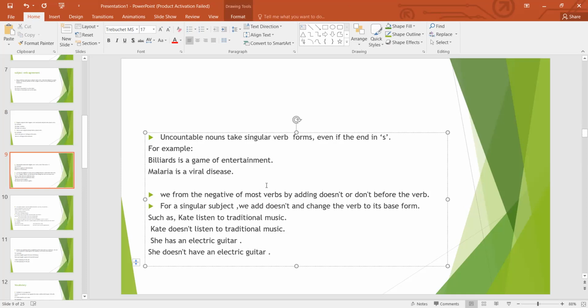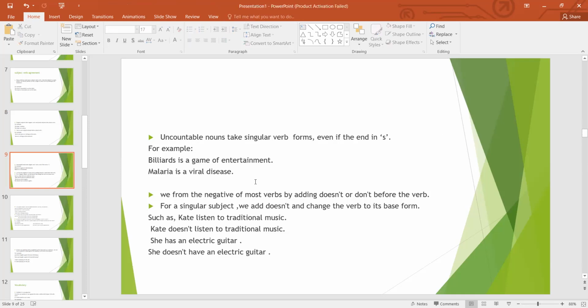Uncountable nouns take singular verb forms, even if they end in S. What does that mean? Whenever we talk about uncountable nouns that also end with S, there are lots of such nouns you can look for in your book or search on the internet.